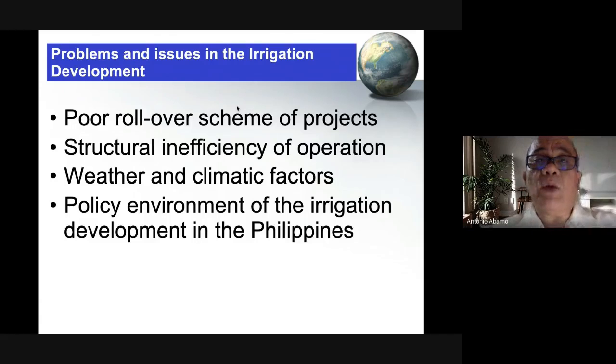But the collection of fees has been very stagnant to very slow, and the rollover scheme, the period in which we can replenish the investment used for the irrigation system, has become very problematic. But this time on, we have changed the policy.